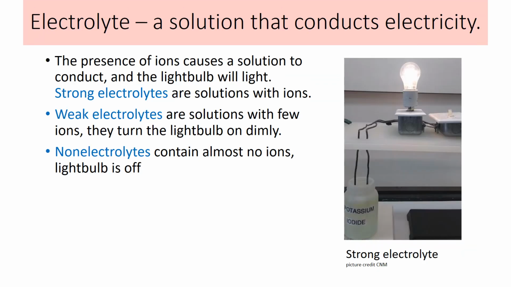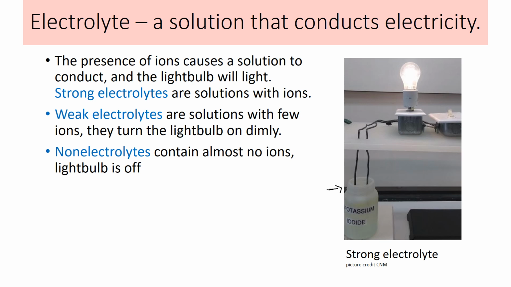We talked about electrolyte solutions. They're solutions that can conduct electricity, and here's the apparatus that you may have seen in the lab. So if you cut the wire to a light bulb and put the two ends of the wire in a solution, if the solution can conduct electricity, which is flowing electrons, then the light bulb will turn on.